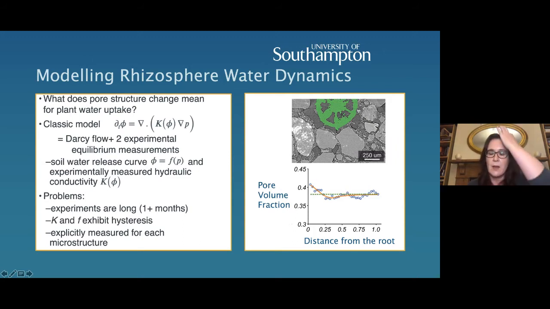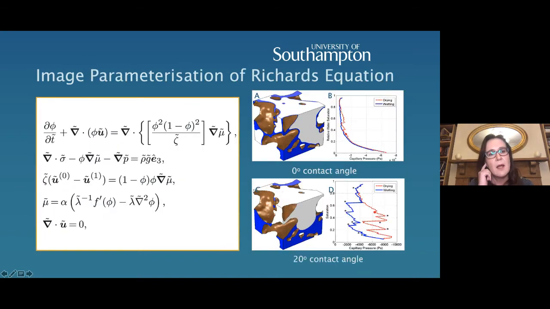So we needed to find a way of estimating the soil water release curve and hydraulic conductivity directly from images. And we did this by developing a workflow pipeline for modeling Richards equations based on images.